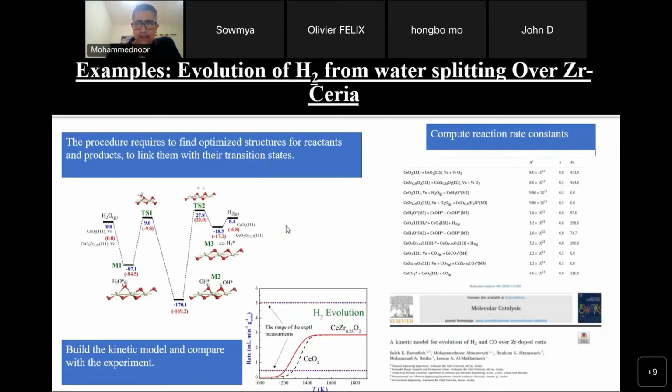There are basically three steps where this can be applied. First of all, they need to obtain the potential energy surface. This is the first step. After that, they need to calculate the reaction rate constant based on this potential energy surface. And finally, they need to apply a kinetic model and compare it with the experiment. So this is the full story of it, basically.